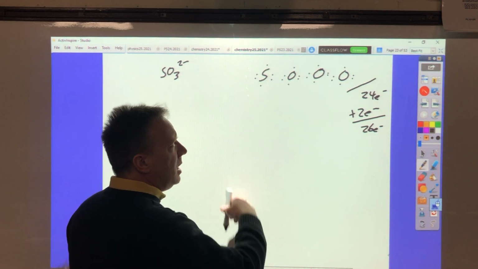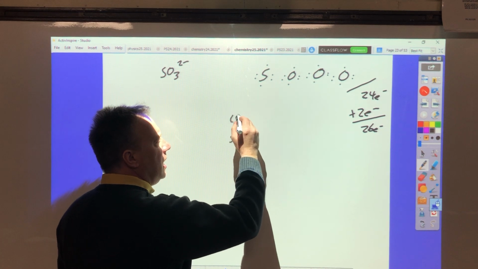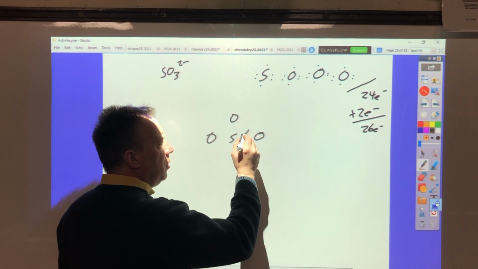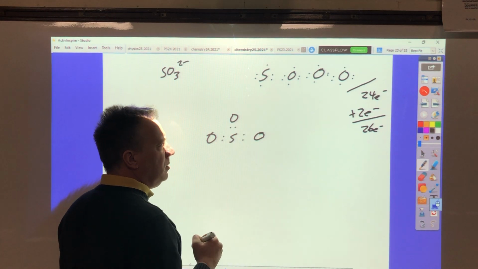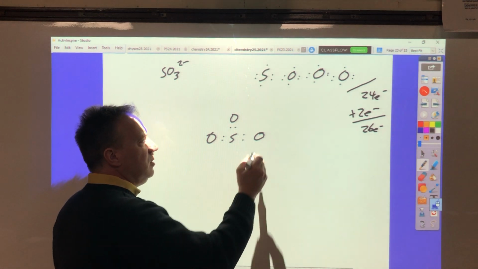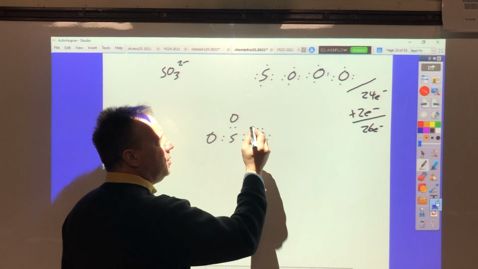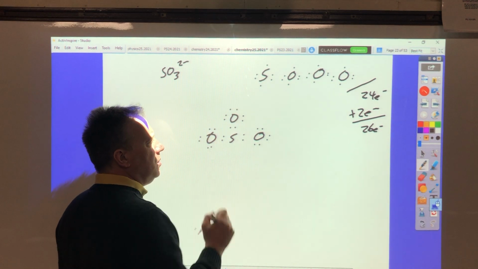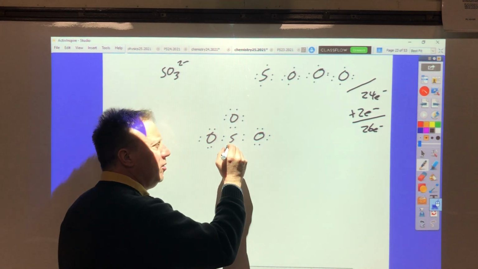So I need a central atom. Let's make it sulfur because it's the odd guy out. Give everybody a shared pair. 1, 2, 3. Shared pairs. Then give everybody 8. And sulfur, don't forget.